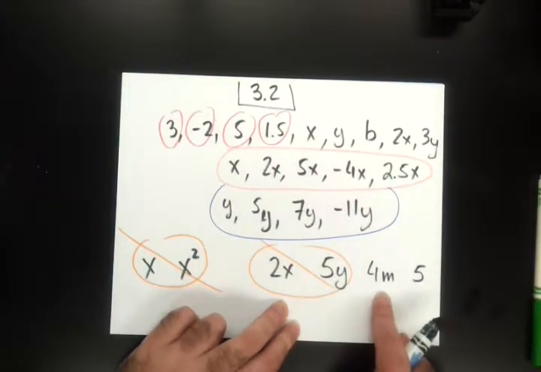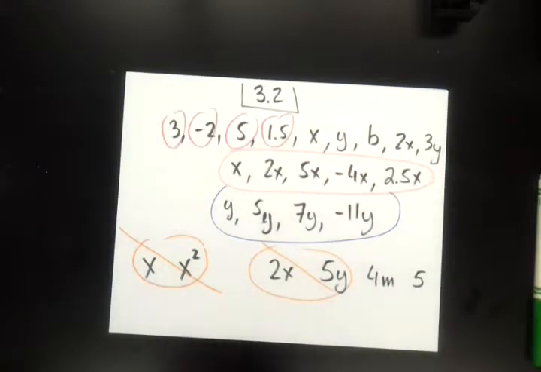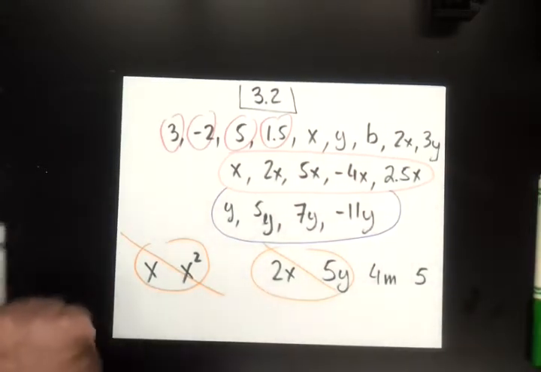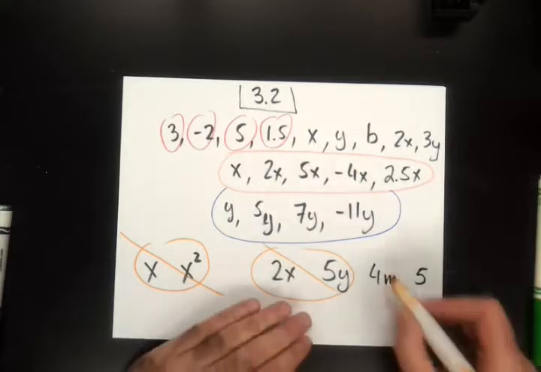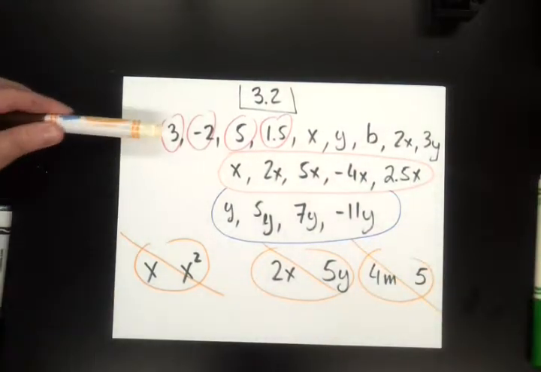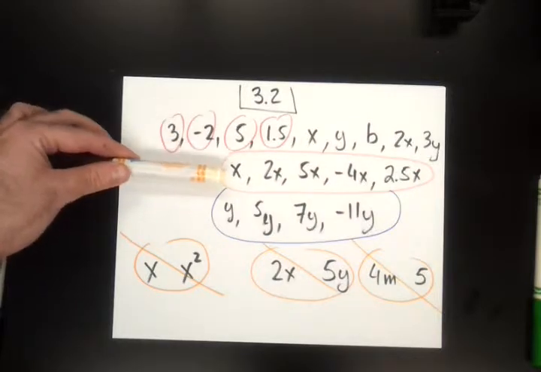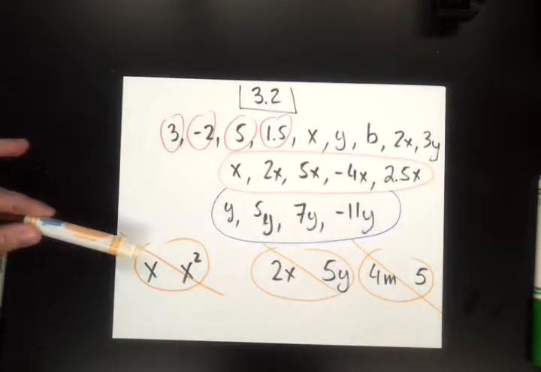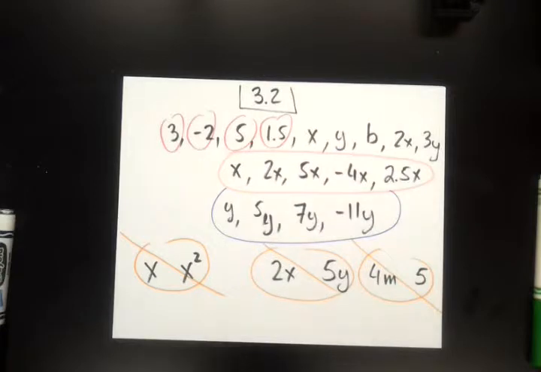That's a term with a variable, and that's a constant, a term without a variable. I can only combine constants with other constants. So that's also no. I can combine any constants, and any variables that have the same letter to the same power, but I cannot mix letters, I cannot mix the same letters to different powers, and I cannot mix terms with variables with terms without variables. So that being said, let's take a look at a few examples.